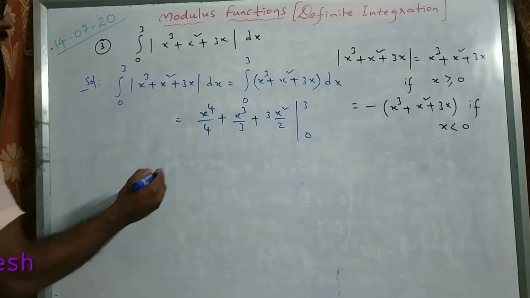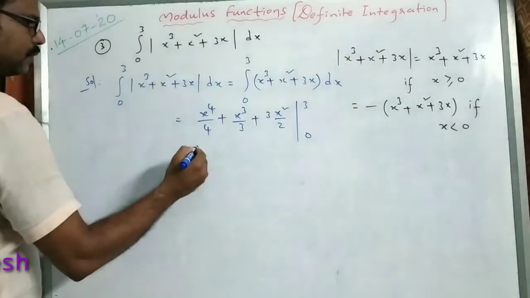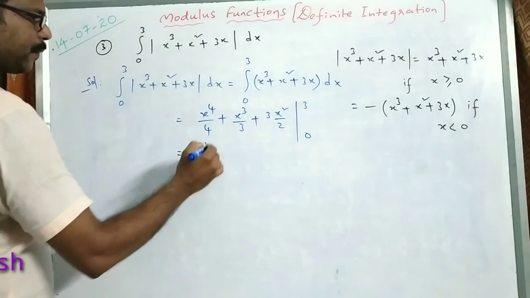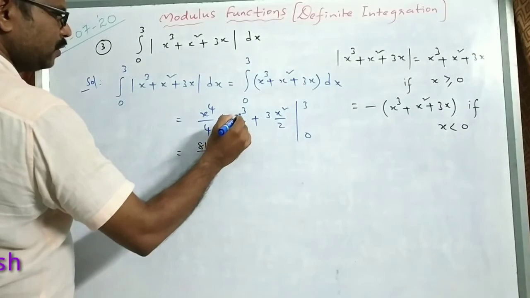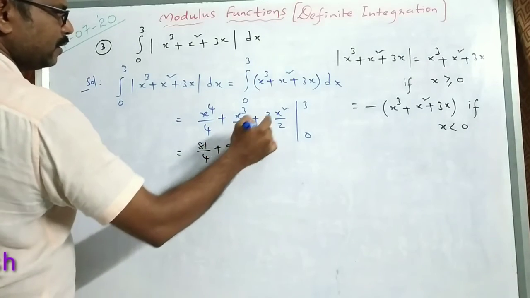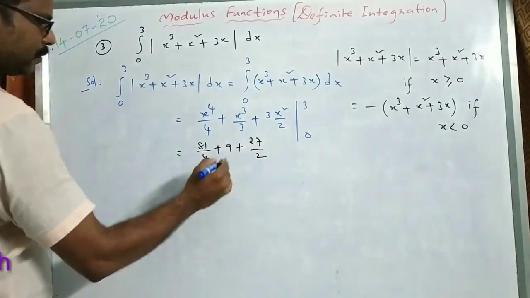Okay, substitute: 3 power 4 is 81 by 4 plus 27 by 3 is 9, plus 9 by 2, 9 3s are 27 by 2.